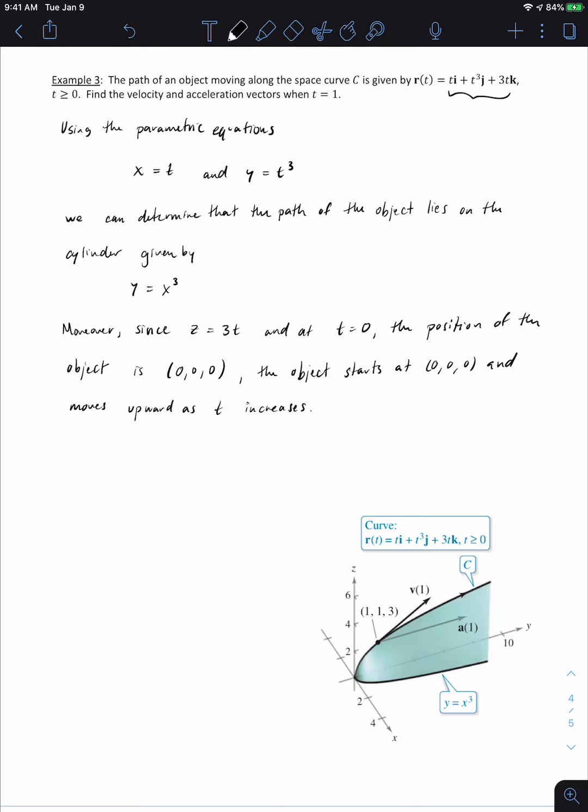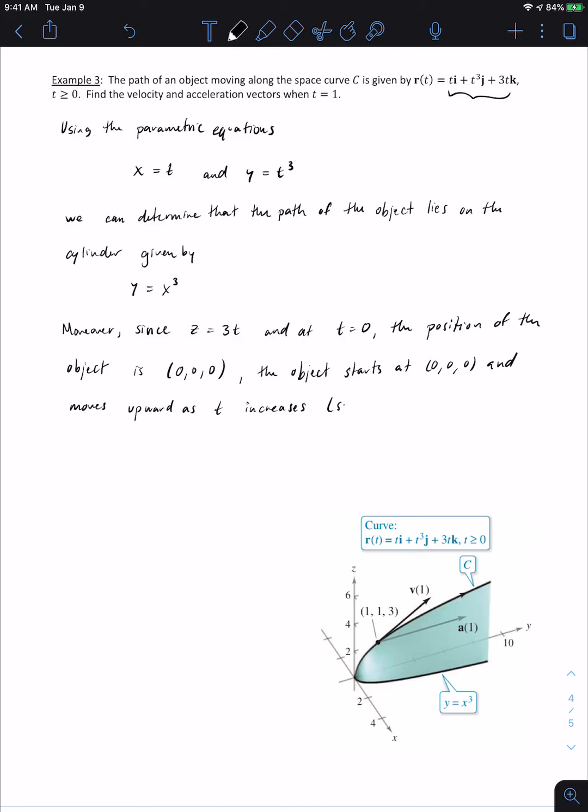Because it says t is greater than or equal to 0, and we're plugging it in here, that gives us a positive z value because we're just multiplying by 3. So the object starts at 0, 0, 0 and moves upward as t increases.